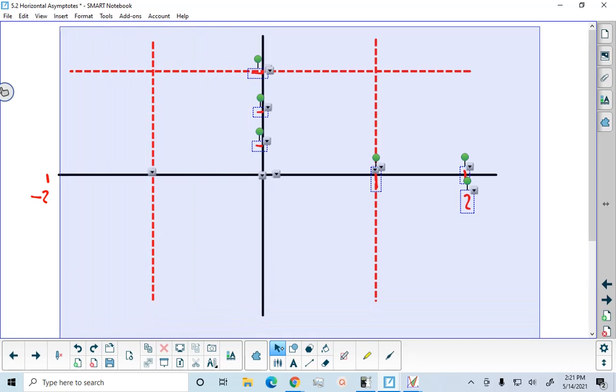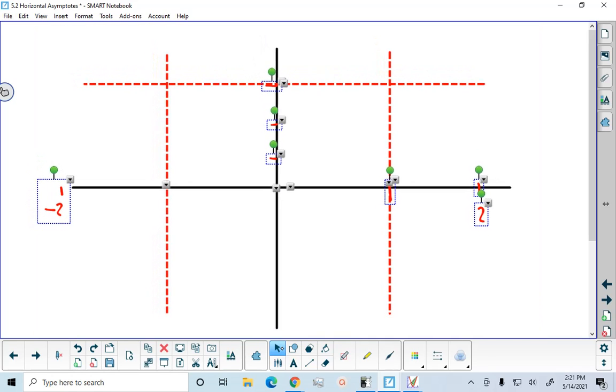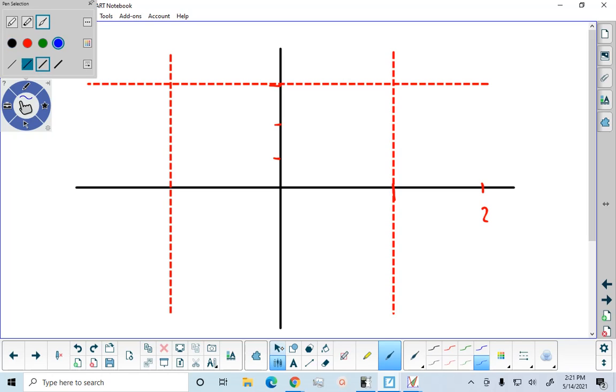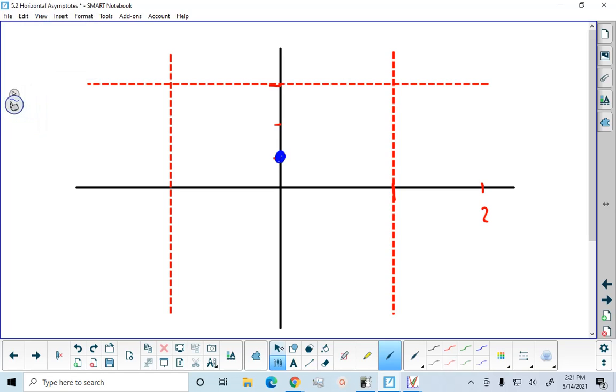Okay, let's start putting in coordinates of points that we actually know. We actually know the y-intercept is a maximum value. I'm going to put that in. I'm going to use a different color here so we can see it. This is a point that we know, and it's a maximum. We also know that you said 0.577, so 0.577 for 1 over root 3, that's about here, I would say.